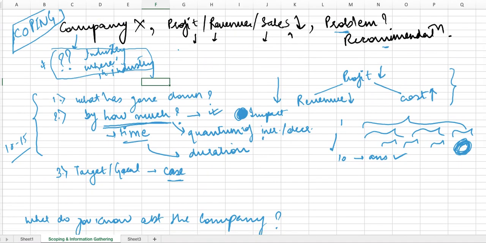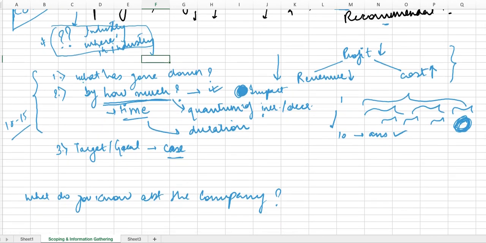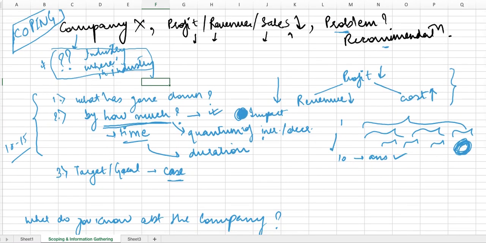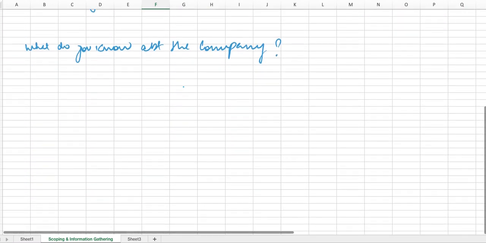Whatever discussion happened till now was only in terms of what has gone down, profitability going down by how much, in how much duration, and that the target is basically to find the problem. All these are generic things, and we have not still talked about what the company actually does. It can be a pharma client, it can be, let's say, an EPC client, it can be anything. So that information also we need at our disposal to begin with the case.